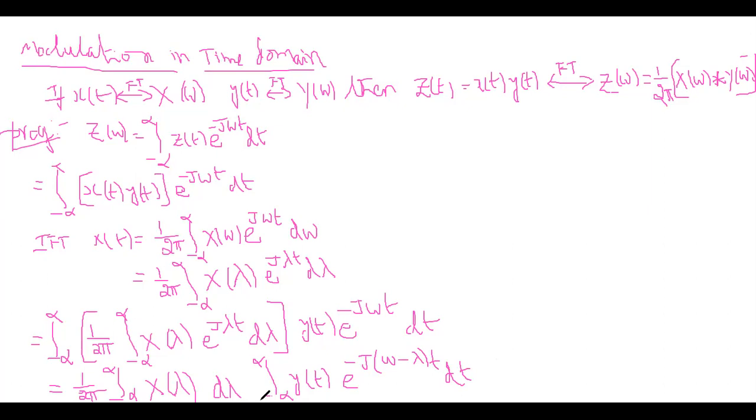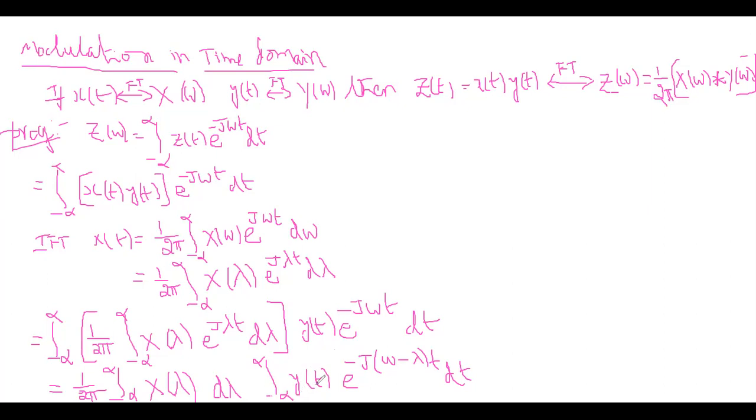See, in this equation, according to the frequency shift property, if the signal is x of t e power minus j omega minus beta into t dt, we get x of omega minus beta. We already saw that in the frequency shift property.